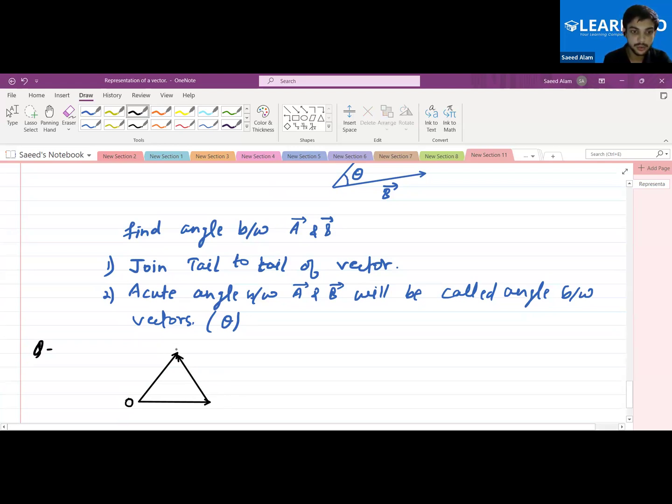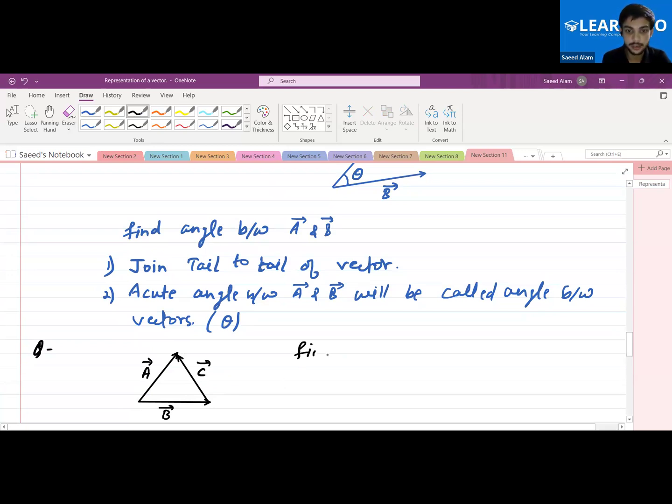I think I should name the individual vectors. This is vector A. This is vector B. This is vector C.